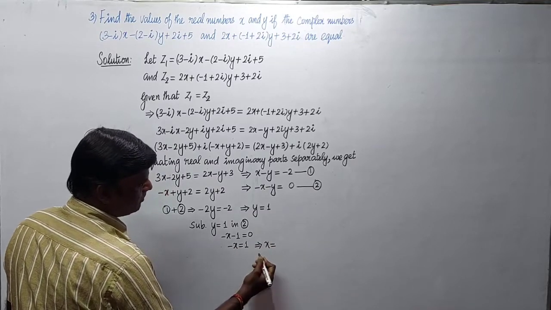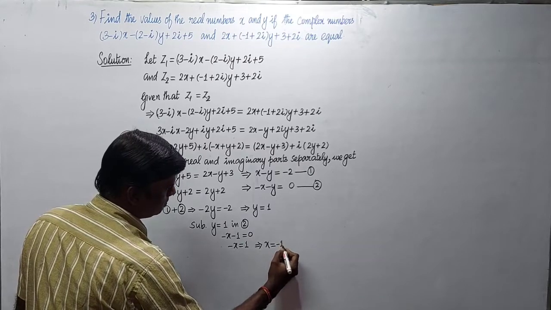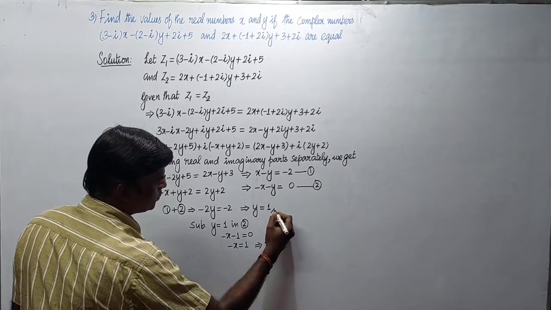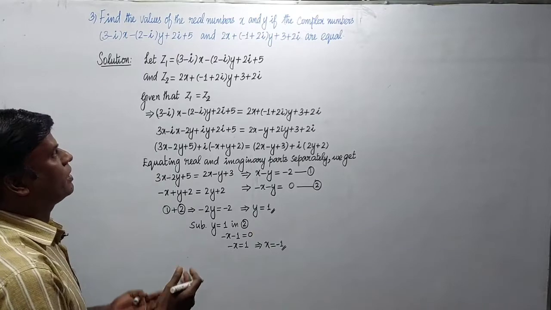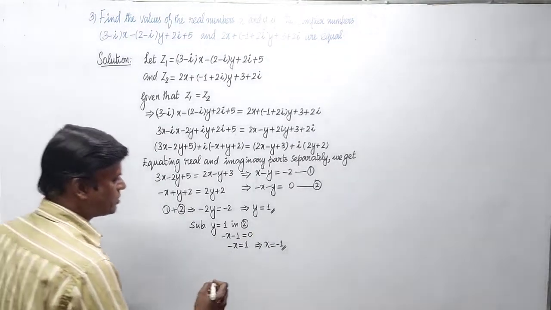So multiply both sides by minus 1, we get x is equal to minus 1. So we have found out the values for the real numbers x and y, as x is equal to minus 1 and y is equal to 1.